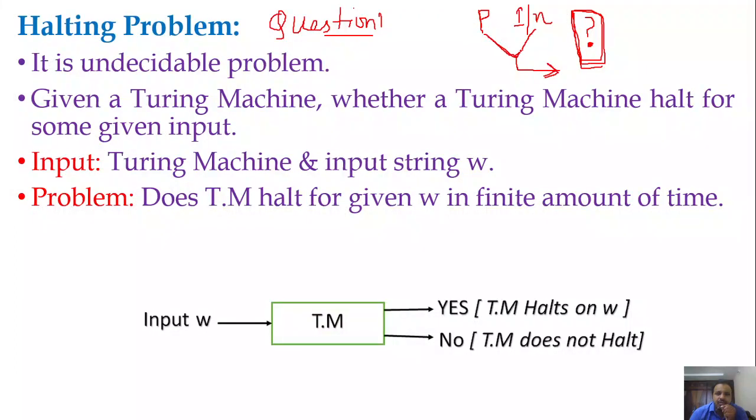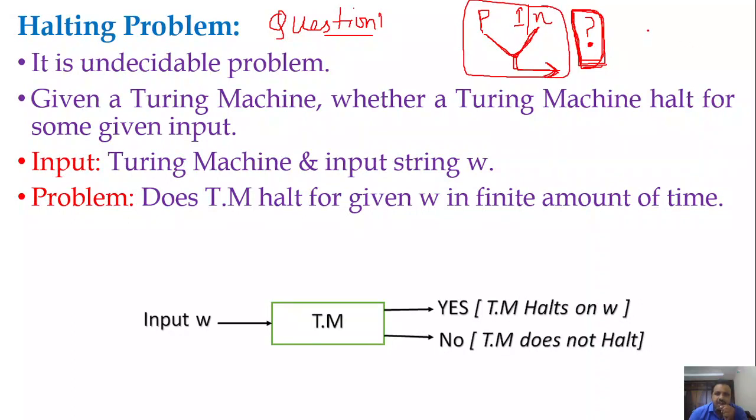Whenever we have a program along with some input, and we are asked whether that program will halt or run forever, we have to run that program, and only then can we answer whether it is going to give an output or enter into an infinite loop. This problem is considered the halting problem.